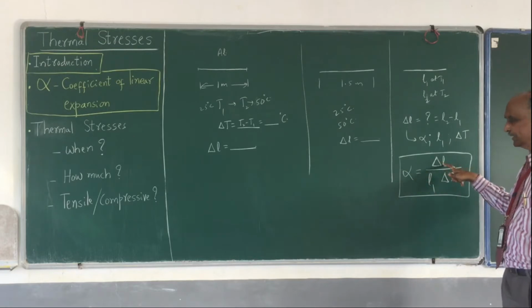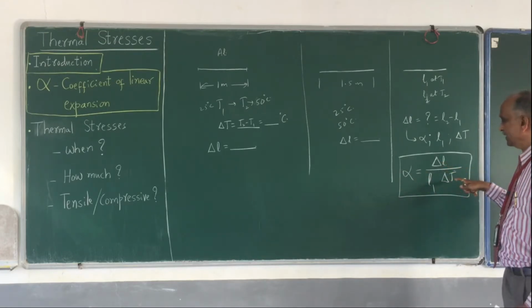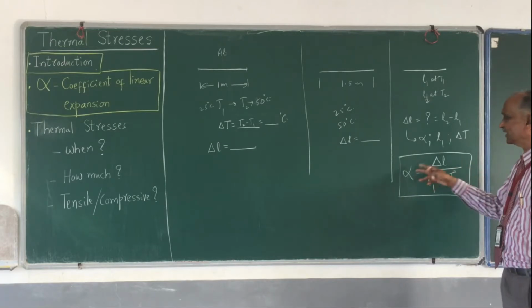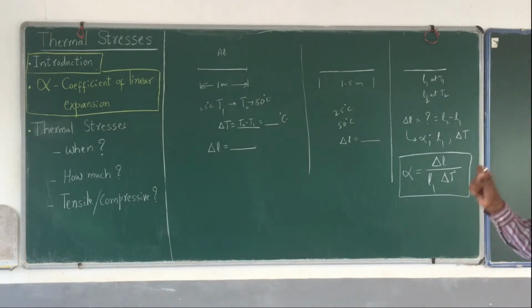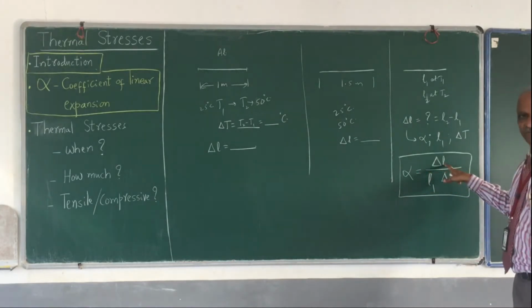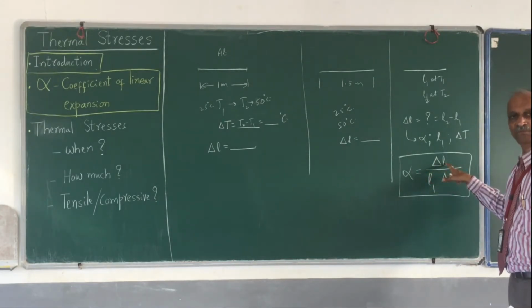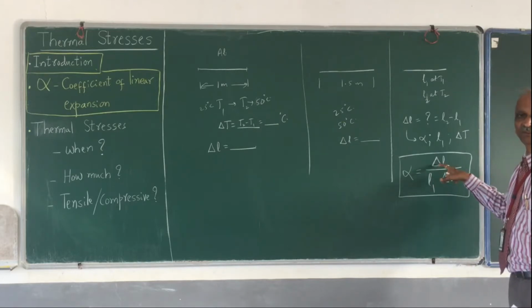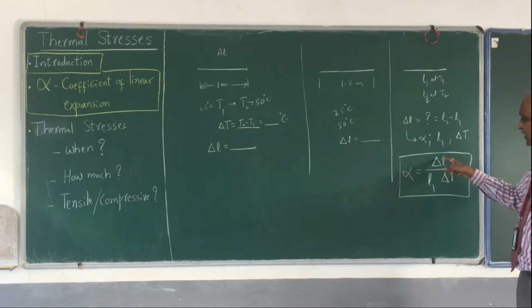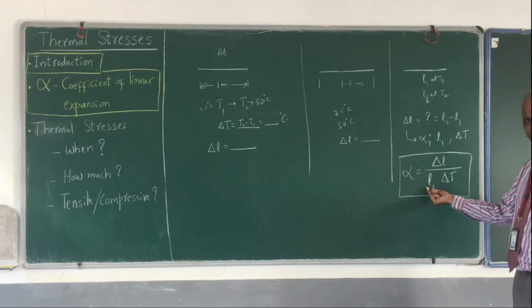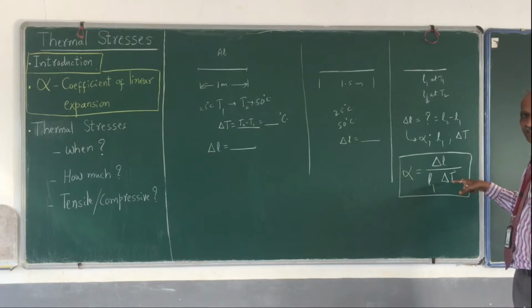So alpha is equal to delta L when L1 is 1 and delta T is 1. Can you define alpha now? Alpha, the coefficient of linear expansion of a material, is the change in the length per unit length of the material per unit rise in temperature.